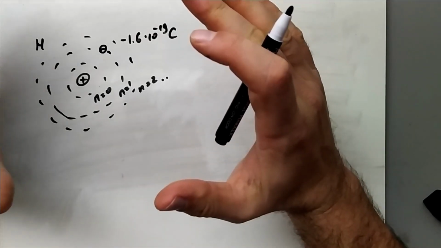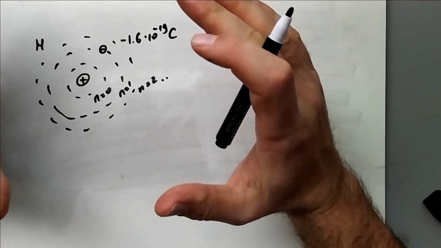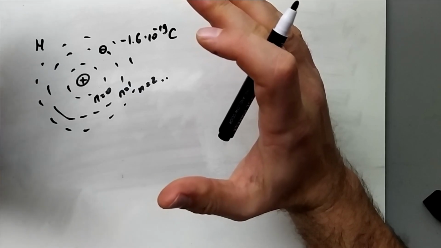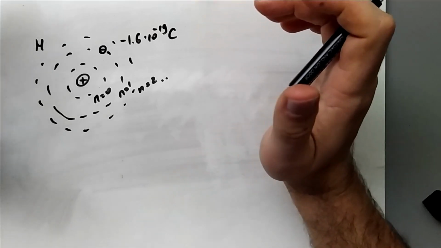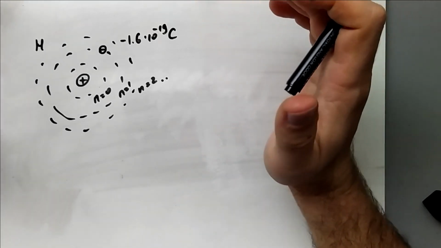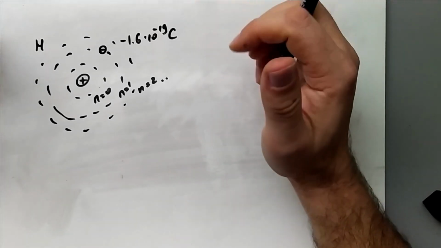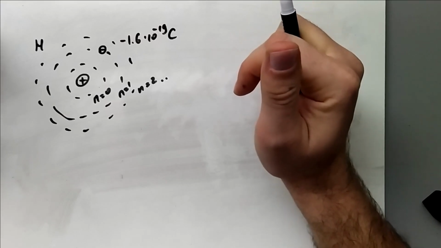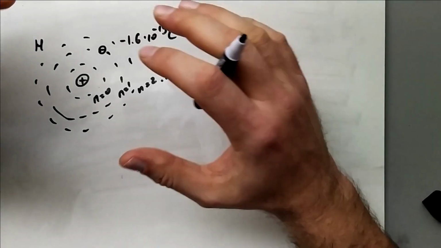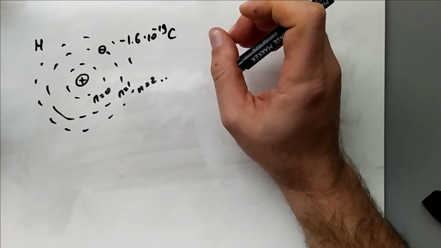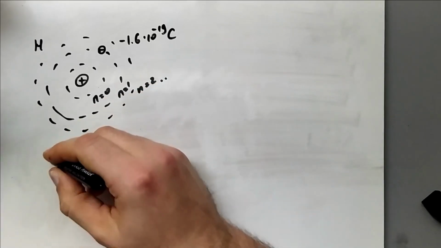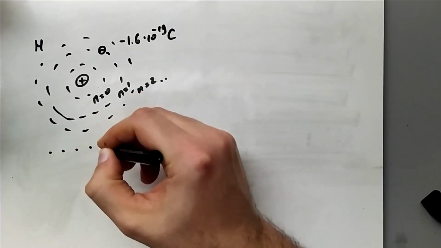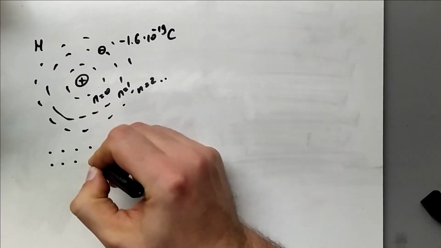Now, when we want to study electricity, we need to deal with different materials, and usually we deal with solid state materials, not with just isolated atoms. So what will happen when we start to put many atoms very closely together?